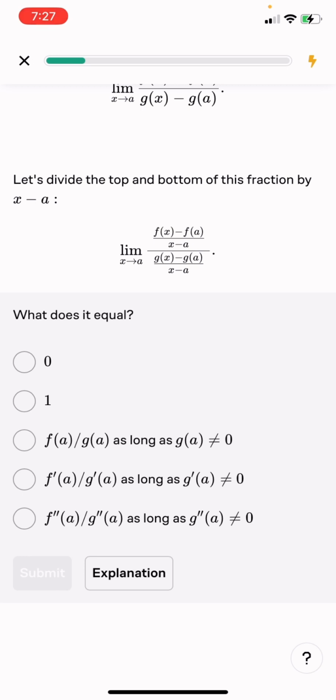So we eliminate. Which is equal to 1 if x is a.